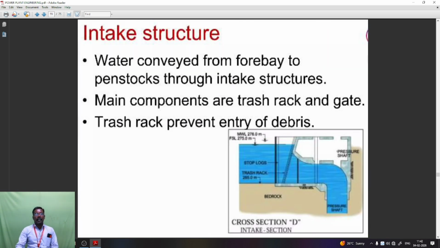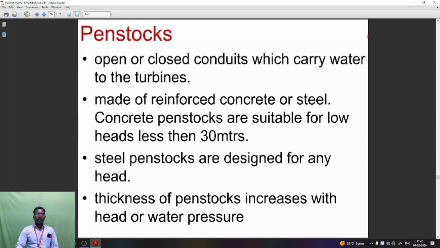Intake structure. The main function of the intake structure is to divert water from the reservoir into the penstock. Penstocks. It is a large pipe that transports water under high pressure from the reservoir to the turbine.